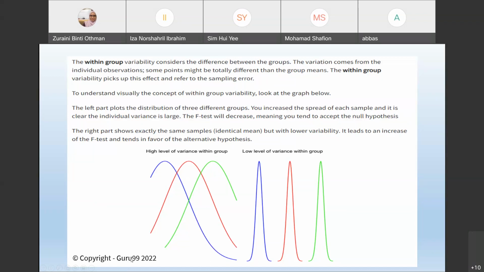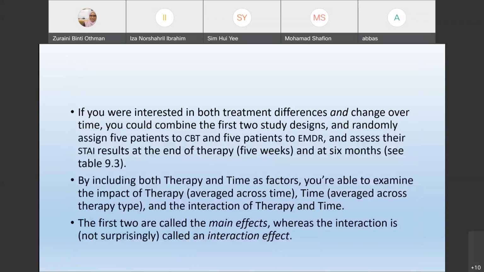You may see the explanation of this on the Guru99 website. Then we continue with the treatment for anxiety from just now.